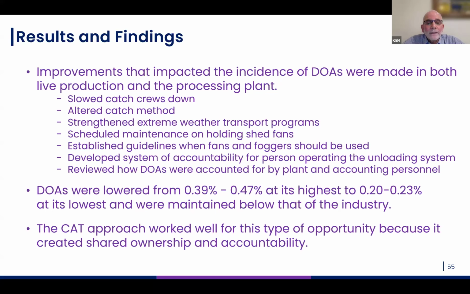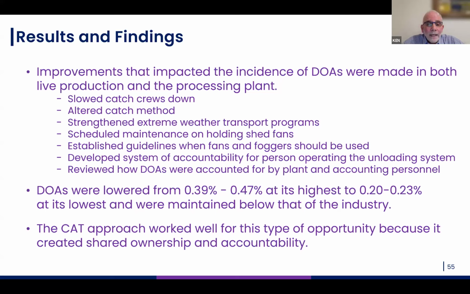We altered the catching method and strengthened our extreme weather transport programs. Again, most of those DOAs were during the winter time, so we had some work to do there. We scheduled maintenance on holding shed fans and misters to some degree to ensure that we were getting maximum airflow over the birds once they arrived at the plant.